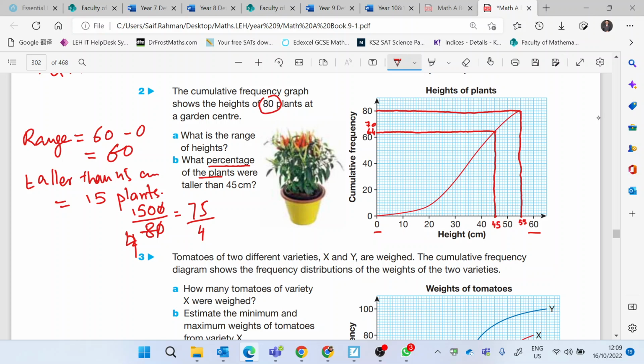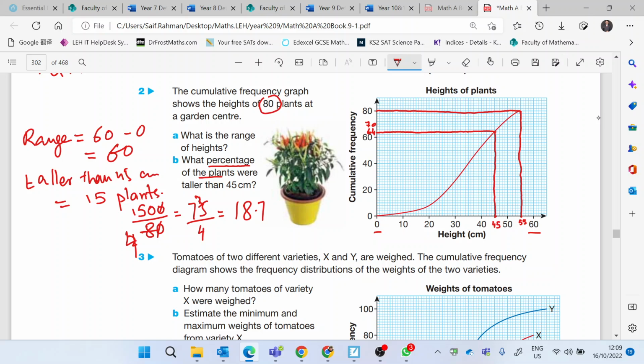4, 7 ones are 7, 4 ones are 4, 3, 8s are 32, okay.